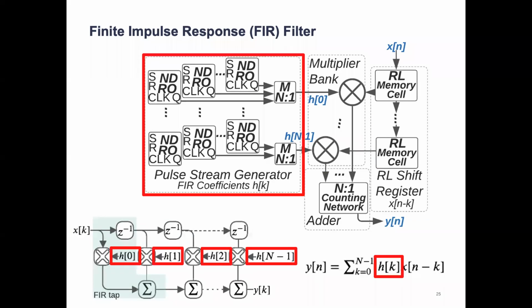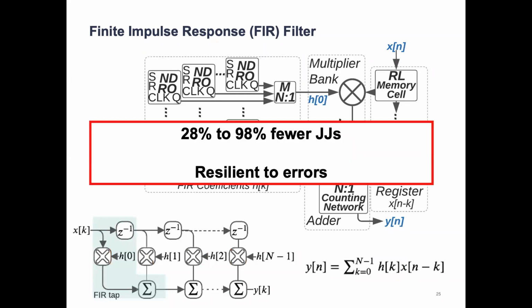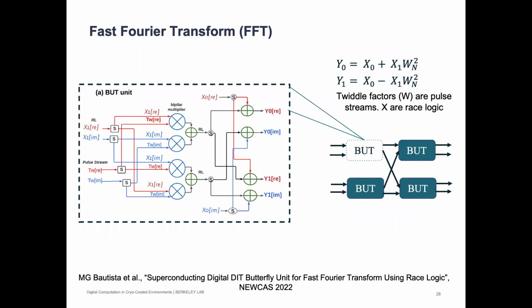And this bank of NDROs drives the constant inputs for this FIR. Compared to binary, of course it depends on the bit width of the operands and the taps and so on, but we can get 28 to 98% fewer JJs compared to binary, much smaller. And because it uses pulse trains, it has some good properties for resilience.